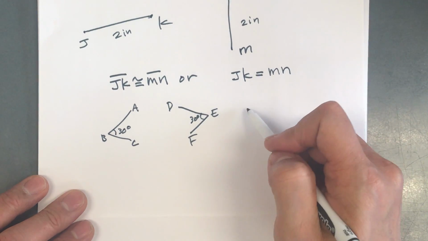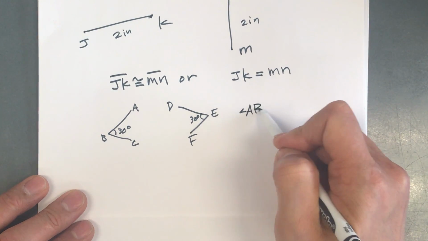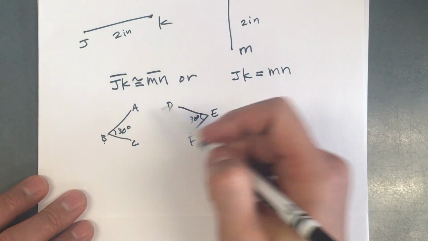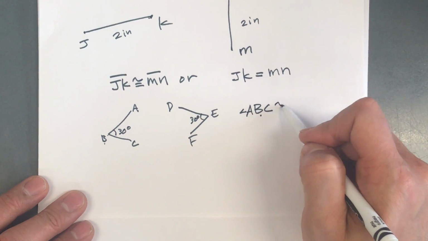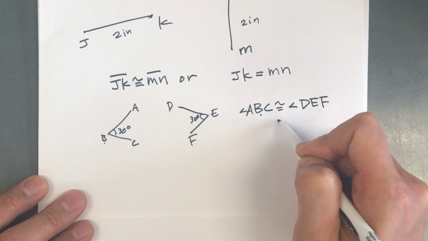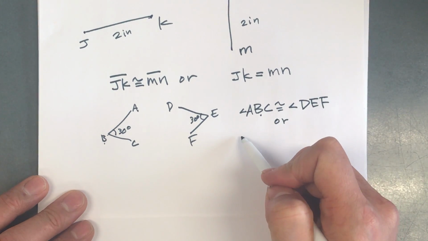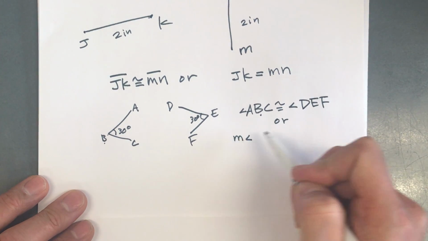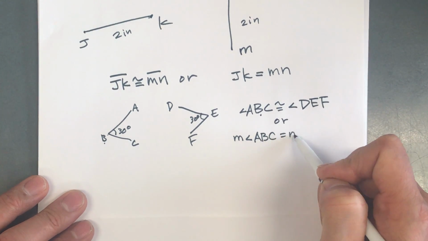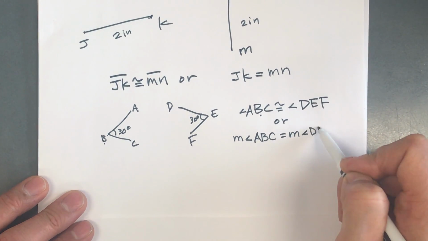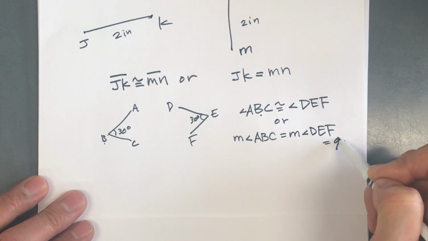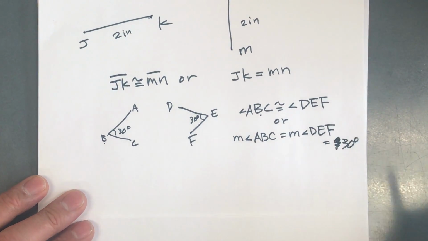You can say either angle ABC, notice that the B is in the middle, is congruent to angle DEF, or you can say the measure of angle ABC is equal to the measure of angle DEF, which equals 30 degrees.